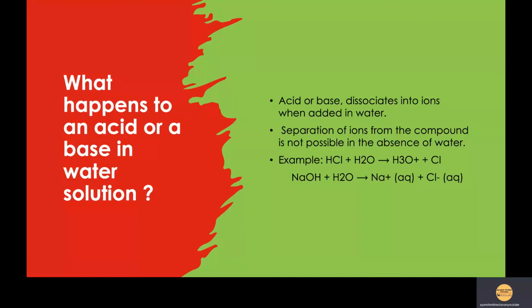Like we have already seen in the definitions of acid and bases, whenever acid is dissolved or base is dissolved, you will be getting H plus ions and OH minus ions. So that is what they are dissociating into, their components. So the first thing is that whenever acid or base is mixed into water, they will dissociate into their ions.